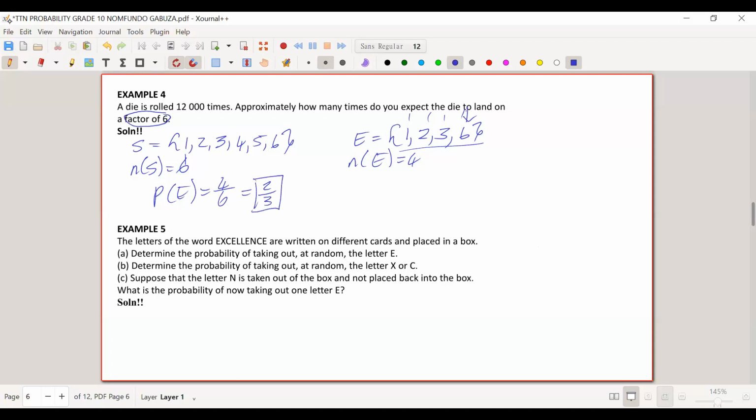So let's try and calculate the relative frequency. The relative frequency is going to be the frequency divided by the number of repetitions.